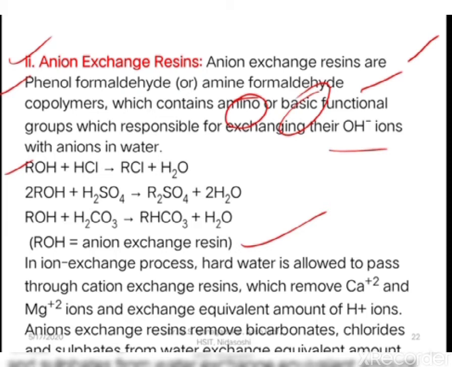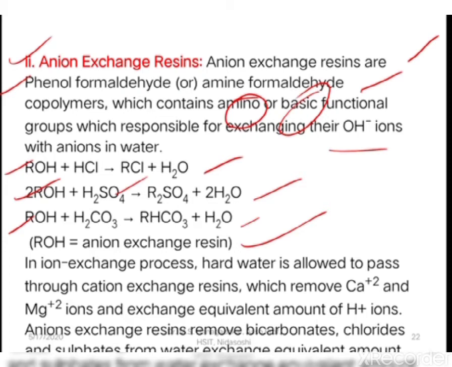So when that acid comes in contact with the resin, ROH reacts with HCl to form RCl plus H2O. ROH, when it reacts with sulfuric acid, forms R2SO4 and water. Then ROH reacts with carbonic acid to form R2CO3 and H2O.